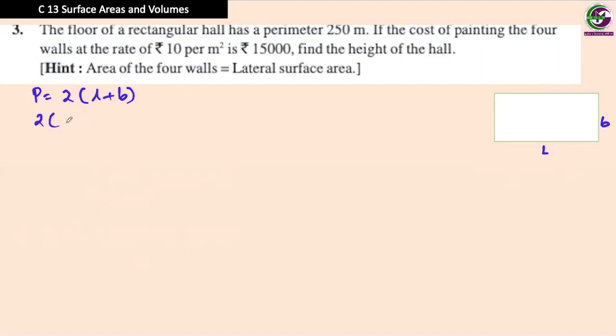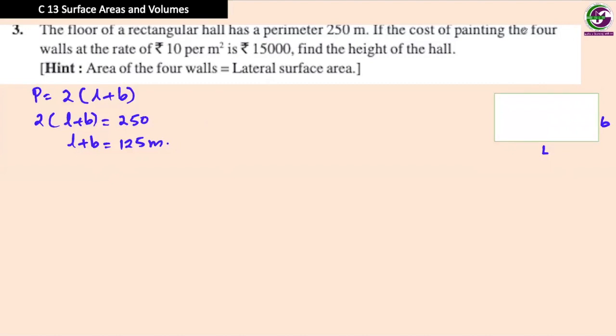So 2 times (L plus B) is equal to 250, or L plus B is equal to 250 divided by 2, 125 meters. We know the relation: length plus breadth is 125. That's all. We don't know separately what is length and breadth. But there are more conditions given to us.